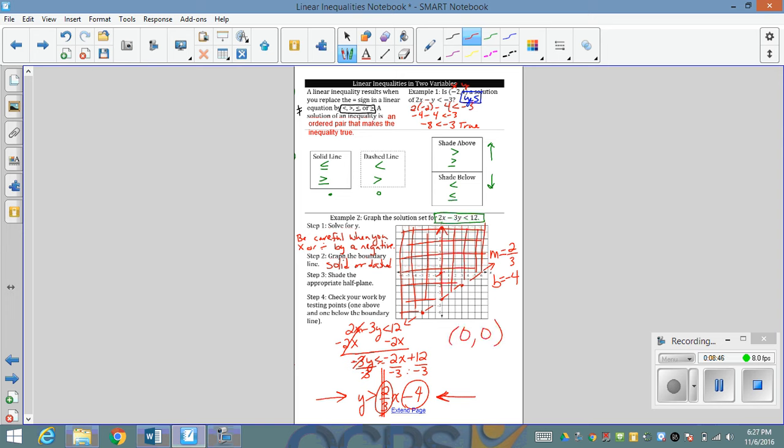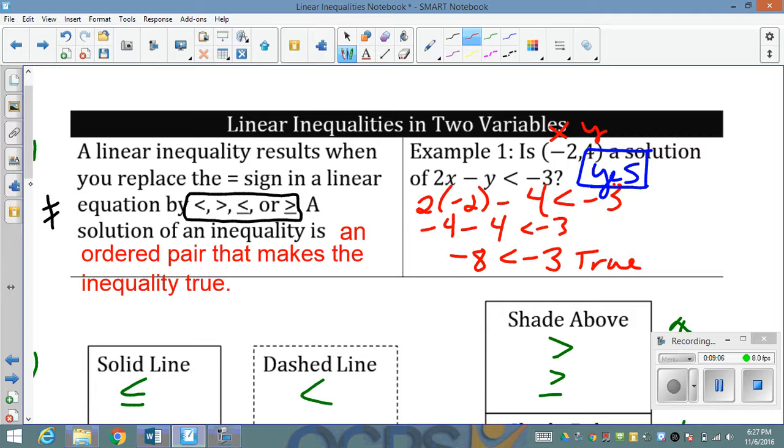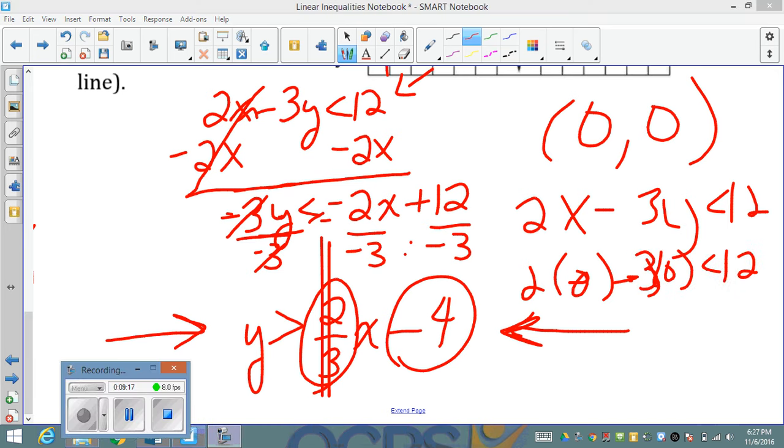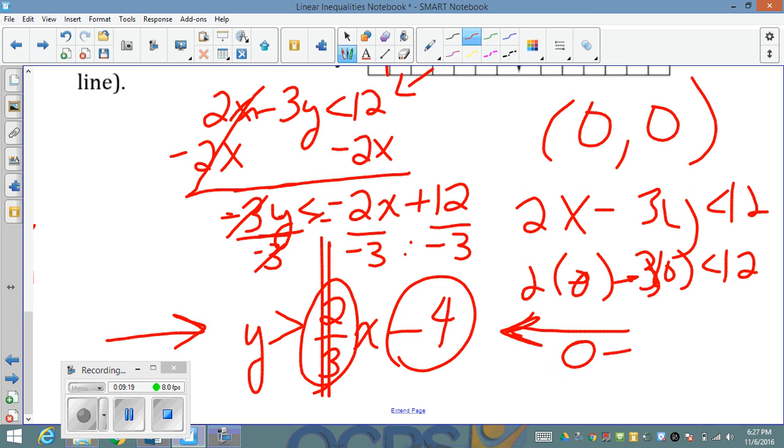So when I plug in 0, 0 to my original, I should get a true statement. 2 times 0 minus 3 times 0 is less than 12. So 0 minus 0 is less than 12, which ends up being a true statement.